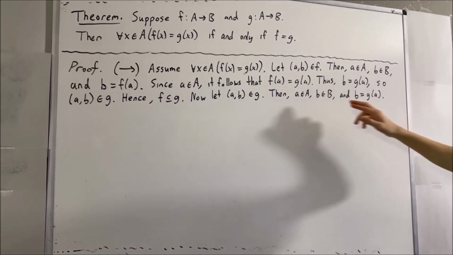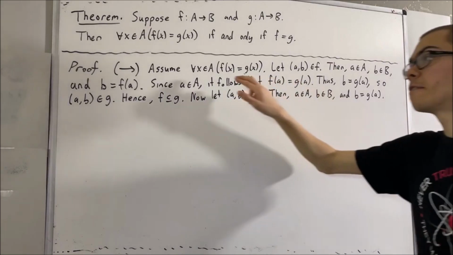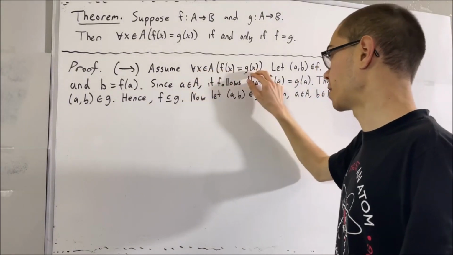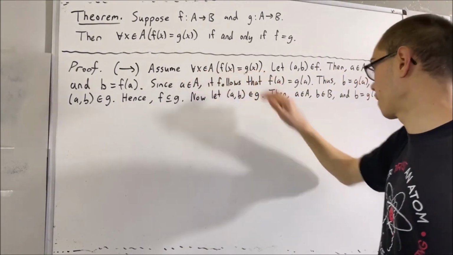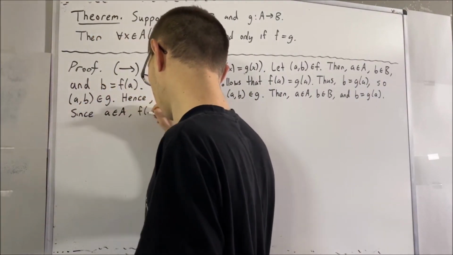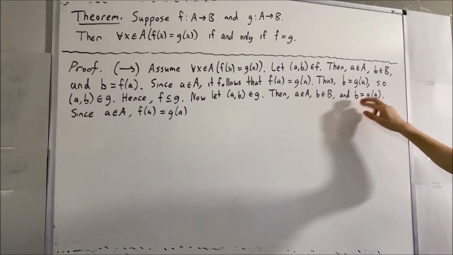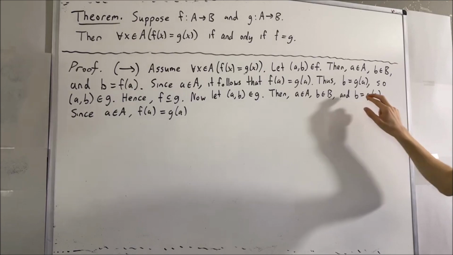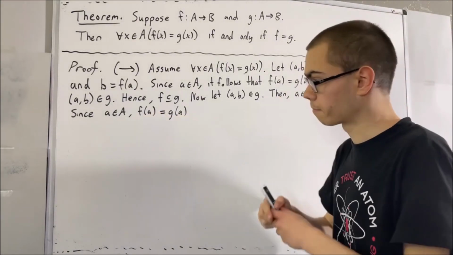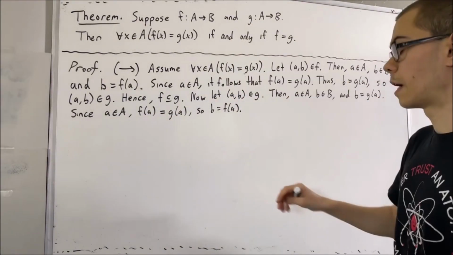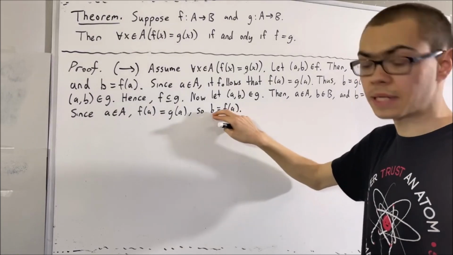But again, since a is in A, and for every x in A, f of x equals g of x, f of a equals g of a. And since b equals g of a, we know that b is equal to f of a. And of course, this means that (a, b) is an element of f.